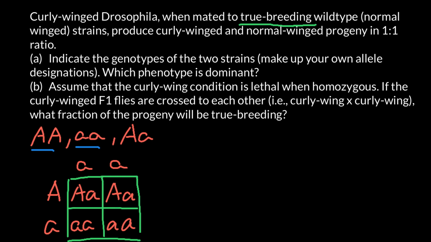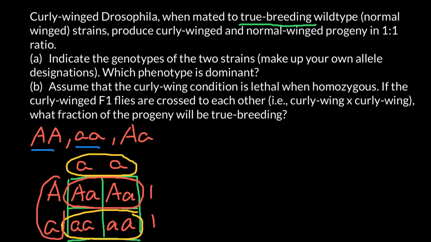As you see, we have a ratio of 1:1, or 50% of the progeny would be curly winged, and another 50% would be of the wild type. So once again, this is wild type with normal wings, and this genotype that is heterozygous produces such Drosophila with curly wings.